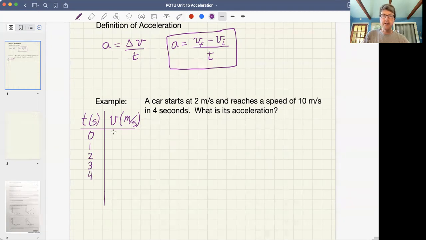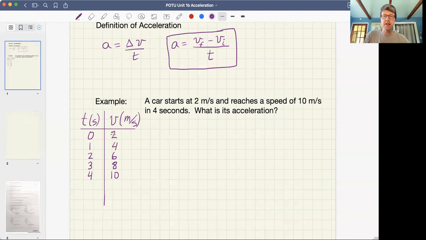And we start off at a speed of 2 meters per second, and we reach a speed of 10 meters per second in 4 seconds. So after 4 seconds, we're up to the final speed of 10 meters per second. And during that time, we have to see what's kind of an equal way we could divide this up. So 2, 4, 6, 8, and 10.